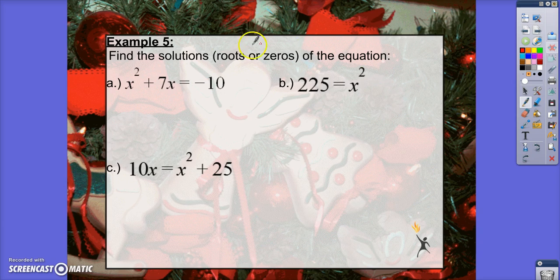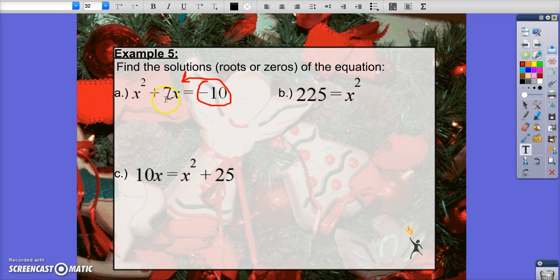Now you'll see here they are not equal to 0. So what I first have to do is actually transpose. I'm going to move this negative 10 over to the left and then factor it. And now, like before, I could factor.